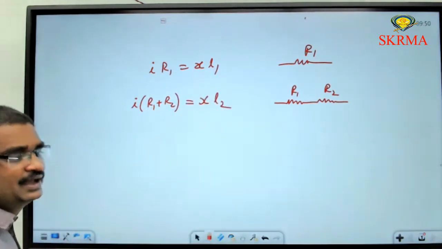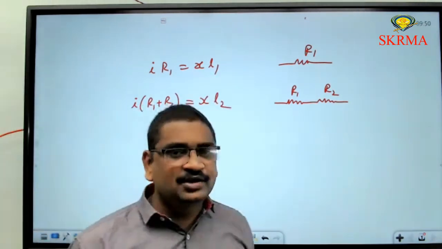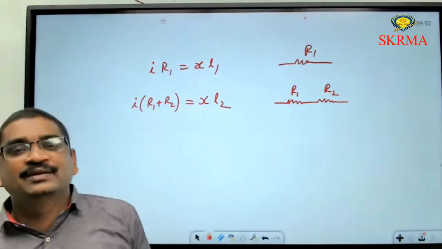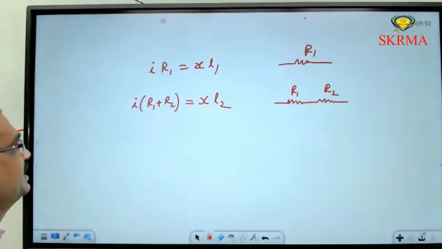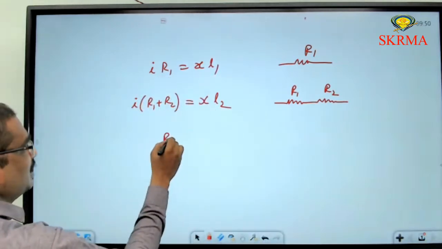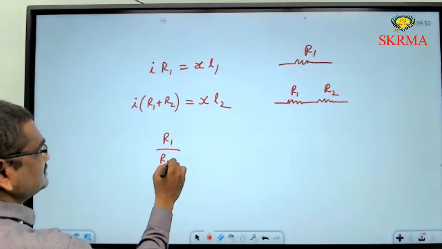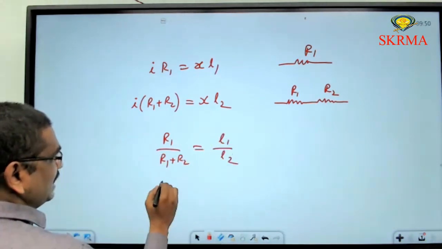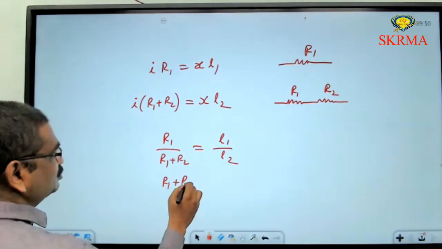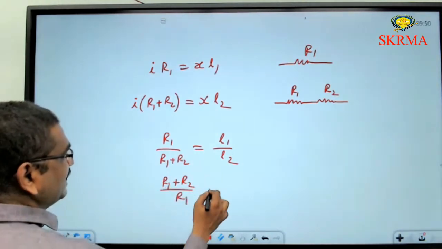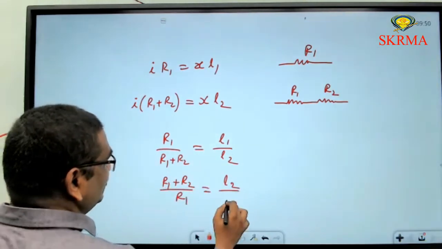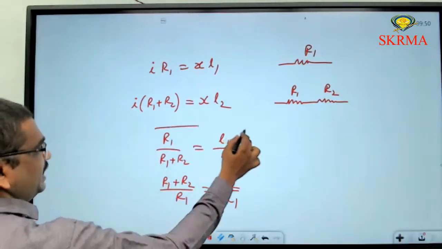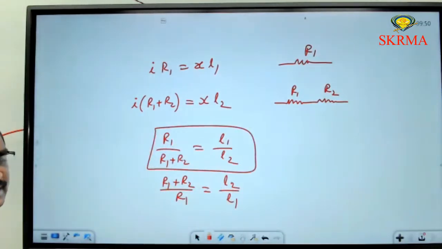Balancing length is L2. So what are you going to measure in the potentiometer? Only the balancing length. Now take the ratio between these two: R1 by R1 plus R2 equal to L1 by L2, or R1 plus R2 by R1 can be written as L2 by L1.